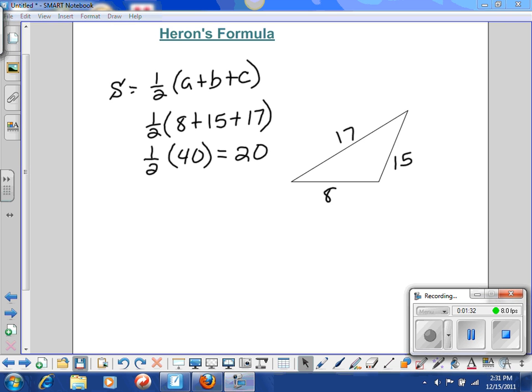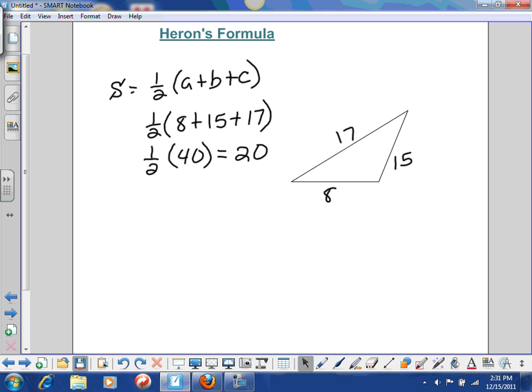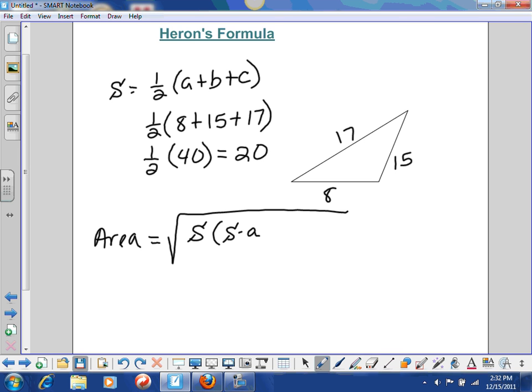So now that we know what S is, let's go right to the formula. The area of any triangle is going to be the square root of S times S minus A times S minus B times S minus C. I do my S's a little funny so that they don't look like 5s.